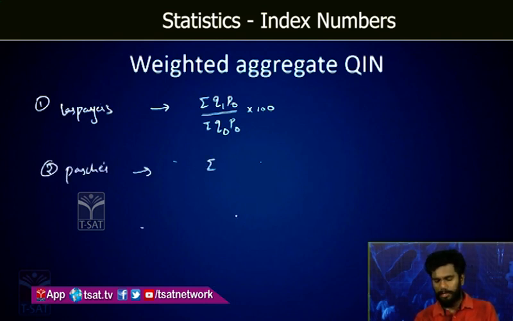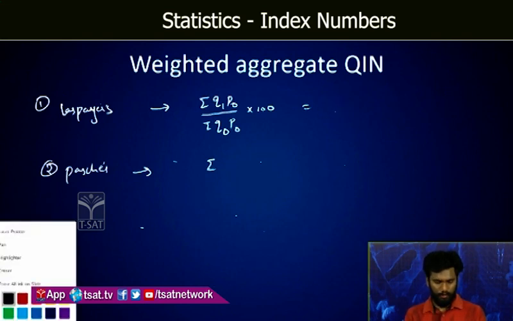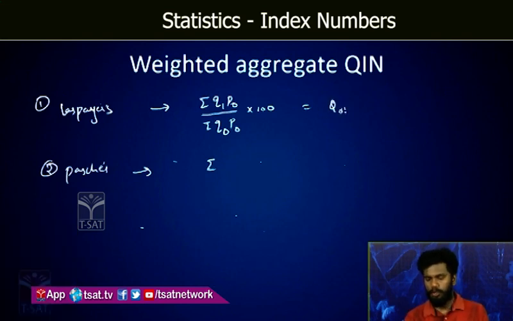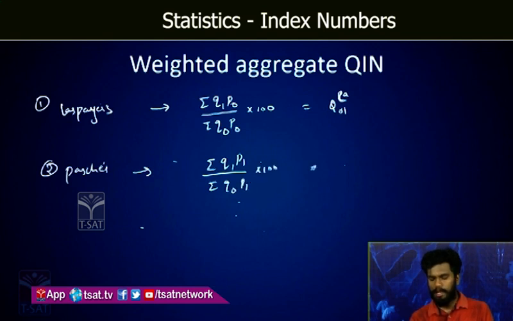It is denoted by Q01 LA, Laspeyres. Second, Paasche, and the formula is given by summation Q1 P1 by summation Q0 P1 into 100. Here we are adding the weights of prices in the current year.